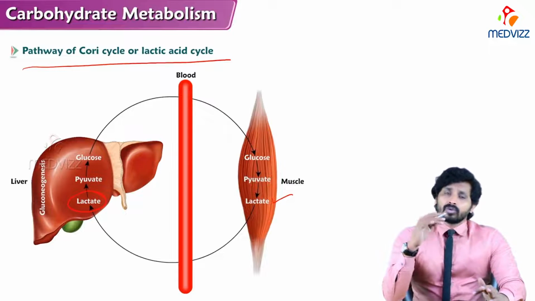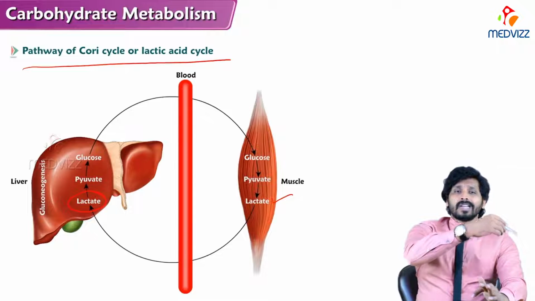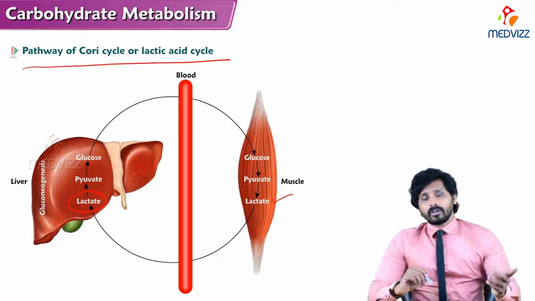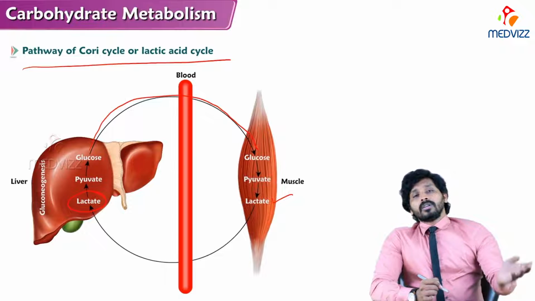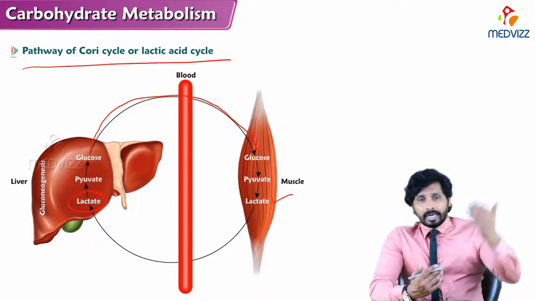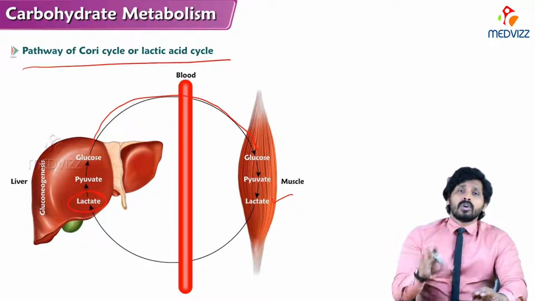To bypass it, you convert pyruvate into oxaloacetate, and this is converted to phosphoenolpyruvate by carboxylation and decarboxylation reactions. The synthesized glucose will be transported back to skeletal muscle for continuous glycolysis to produce energy. So this is the overall mechanism of the Cori cycle.